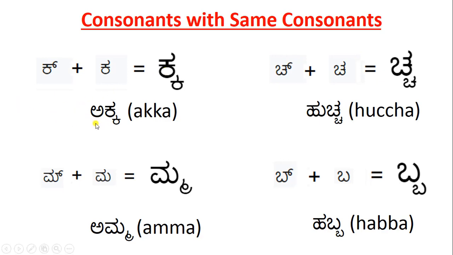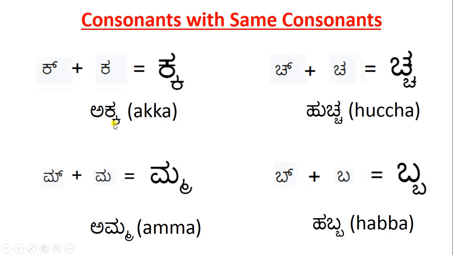Here is an example. Akka. And akka is written like this in English, and akka means sister. We call sister akka in Kannada.